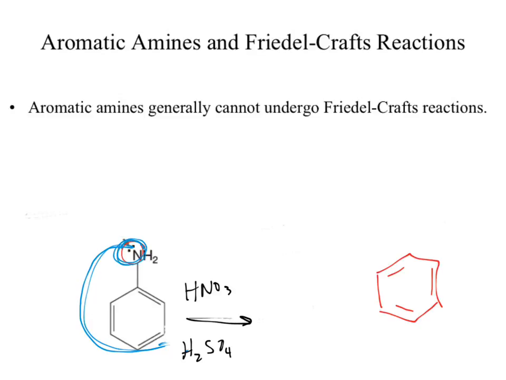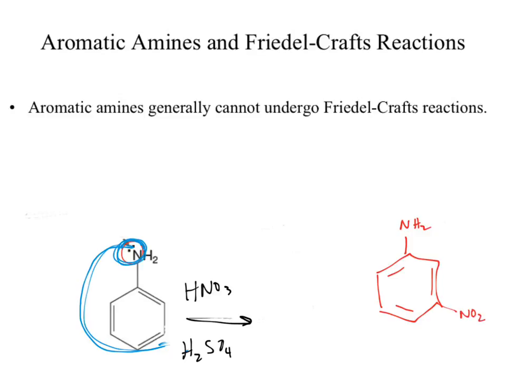Atom X in this case is going to be picking up a hydrogen. Atom X looks like an activator, so we might predict the para product, and instead we end up with the meta product. Why?